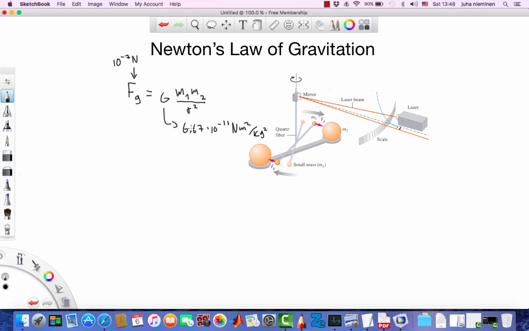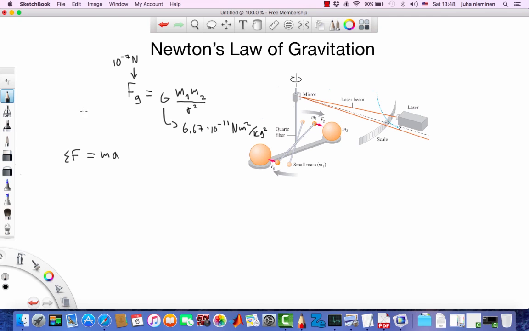There's also another interesting result that resulted from this experiment. If we take into play Newton's second law, which was also published in the same book, the Principia, and as you know, the second law says this, the net force on an object is mass times its acceleration, or a in general.